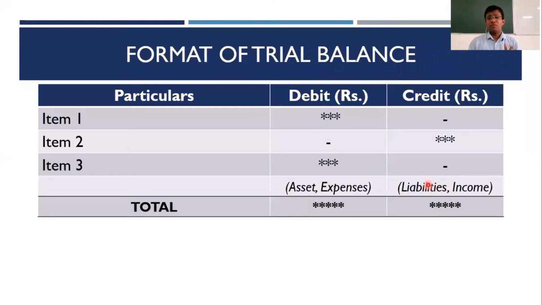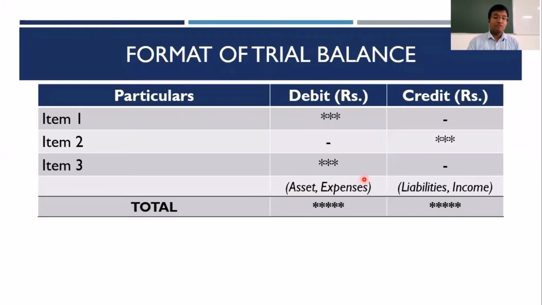Now, what exactly will fall on the debit side? On the debit side, you have assets and then you have expenses. So there are two categories of items that will usually come on the debit side of your trial balance. You have assets and then you have expenses.